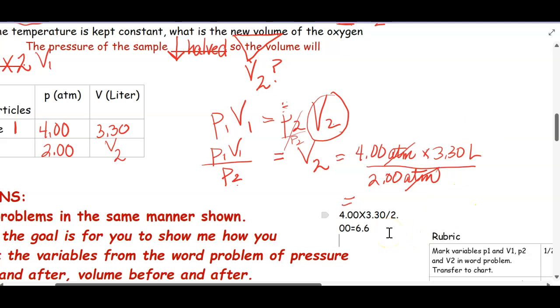And this, of course, was 2.00, 4.00, 3.30. All of them have 3 digits. So our answer should also have 3 digits.